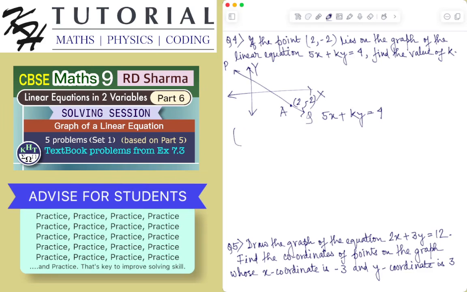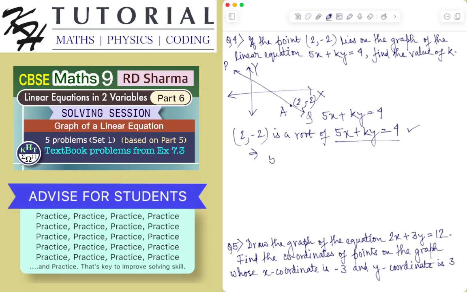So (2, -2) is a root of the equation of the line, which is given to be 5x + ky = 4, which means that the ordered pair (2, -2) will satisfy this equation, which again means that putting the value of x as 2 and the value of y as -2, this equation should be true.